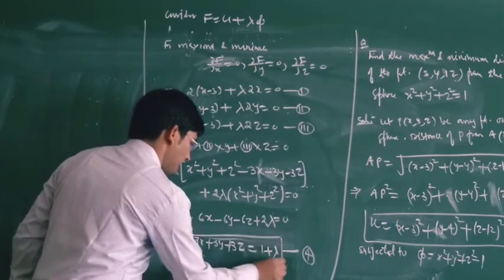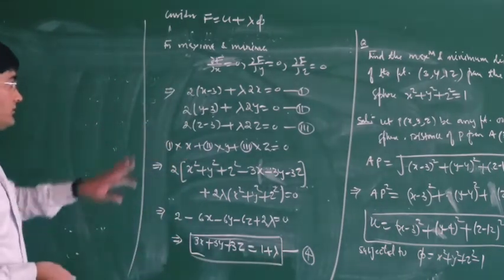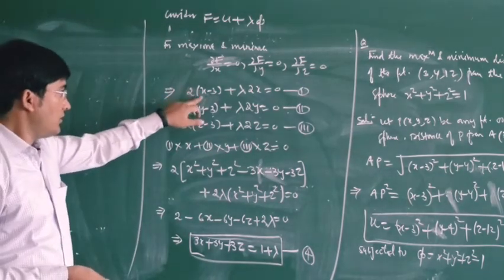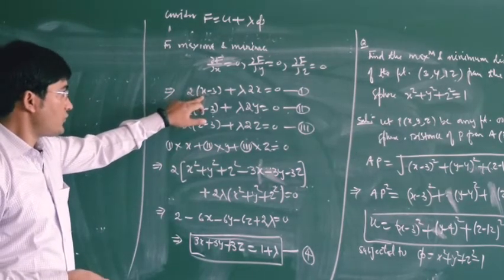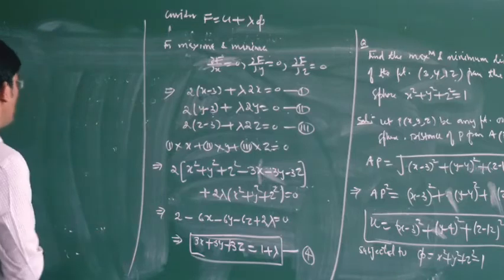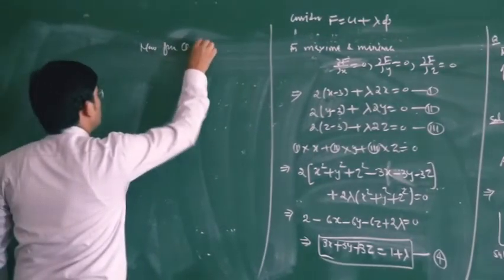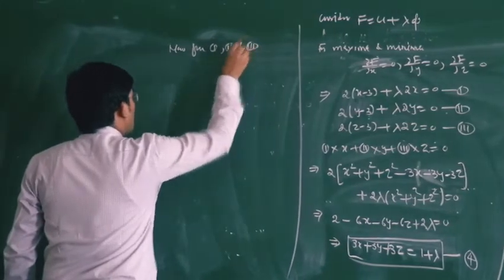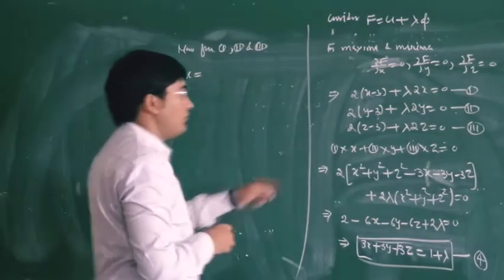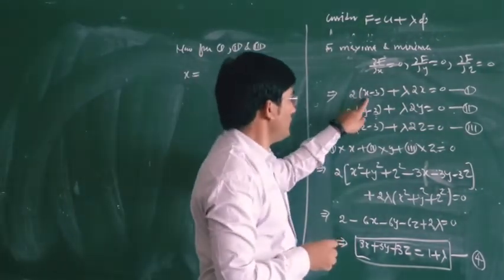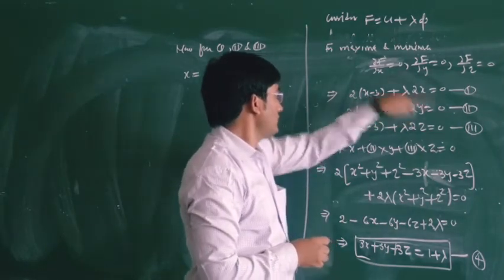Now let us find out x from equation number 1. Now from 1 and 2 and 3, our x will be, now from here you can see that 2x plus 2 lambda x equal to 6.